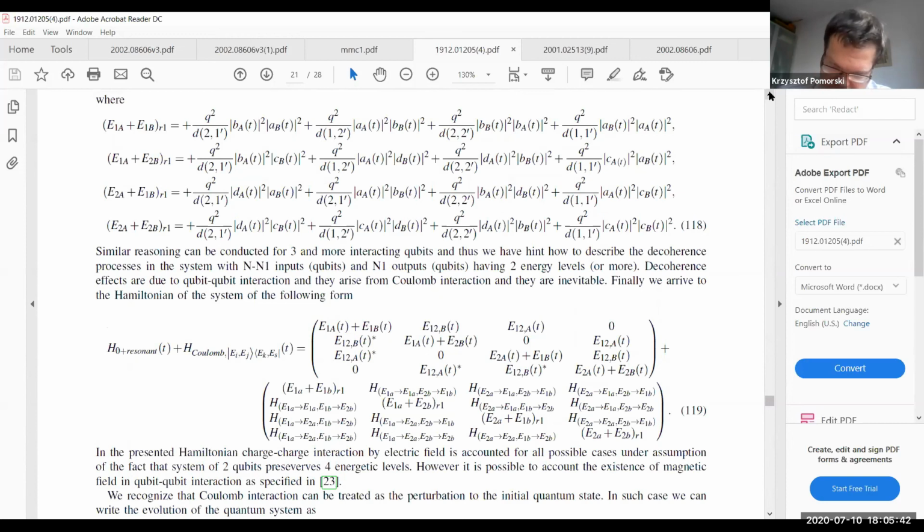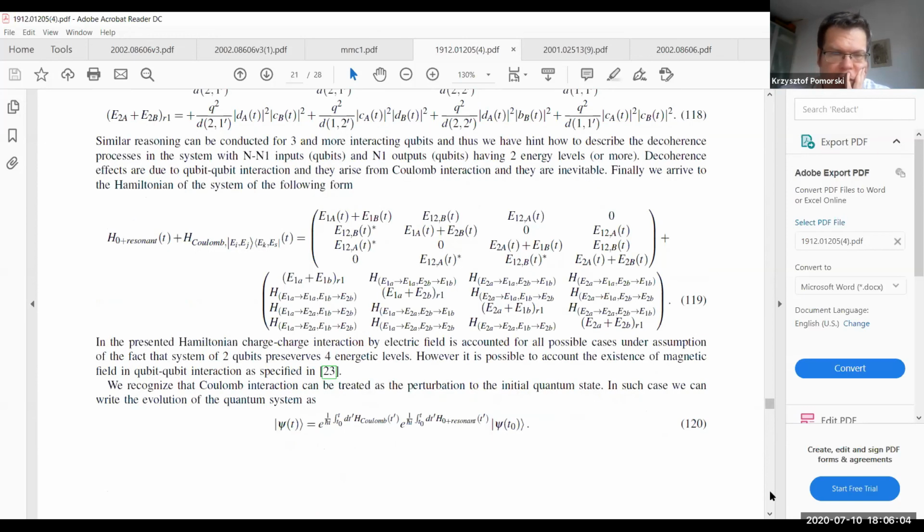There's one cosine term, a function of E excited minus E ground over h bar times t. However, if you have external qubits, then there are more cosine terms. So effectively, the evolution of the system will be different. Okay.